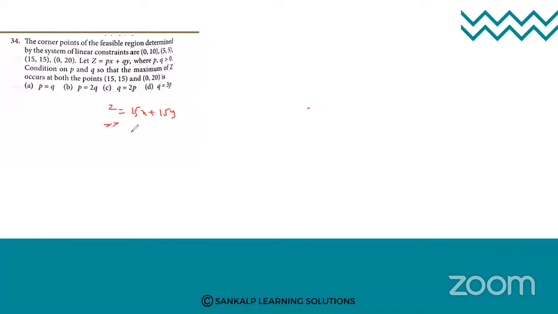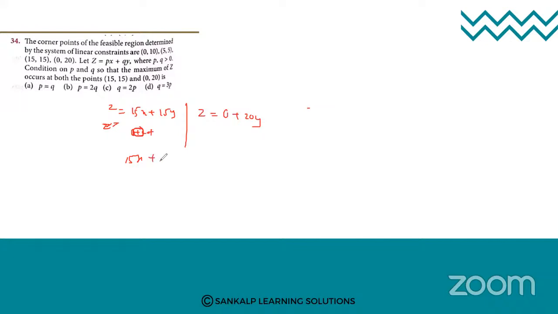Next, Z is also equal to 0 plus 20q when we substitute the second point. This is the second condition. So we equate both.